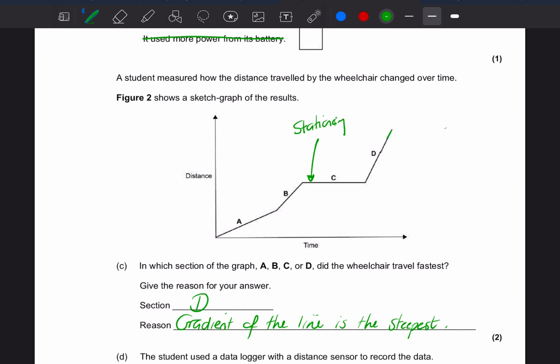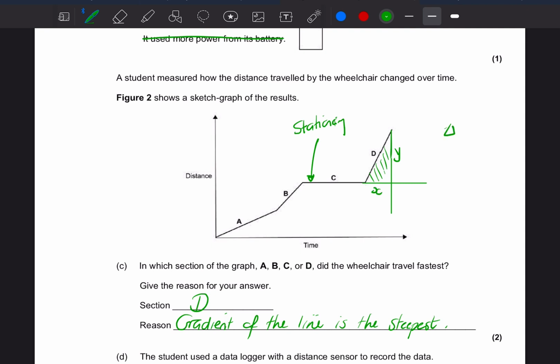The gradient of the line can be used to figure out the speed that an object's going. It can't on this one because it's a sketch graph, but what you can do is draw yourself a triangle on the line. So you would draw a line at the bottom and a line at the top, and that creates this triangle. This side is your y and this side is your x.